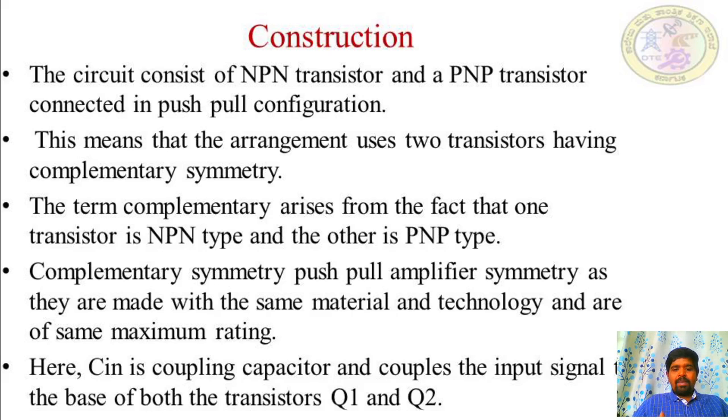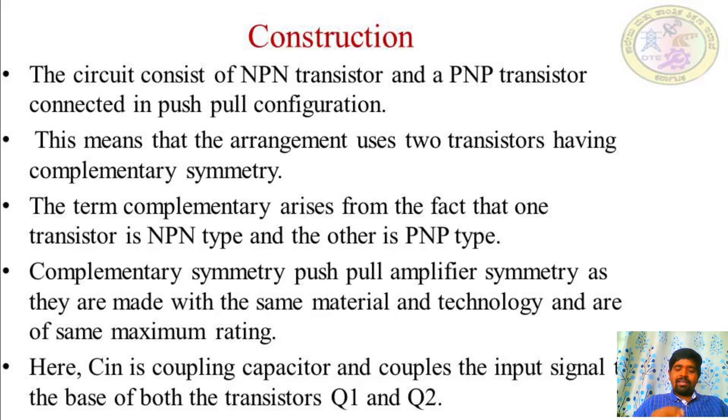Cin is a coupling capacitor that blocks the DC component of the input signal. When it blocks DC and allows only the AC signal, the benefit is that there is no power dissipation when no input signal is applied. That means Cin is a coupling capacitor used to block the DC component, or in other words, it allows only the AC component.